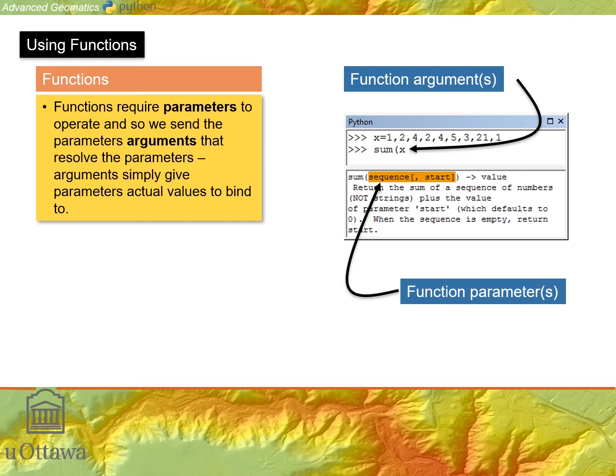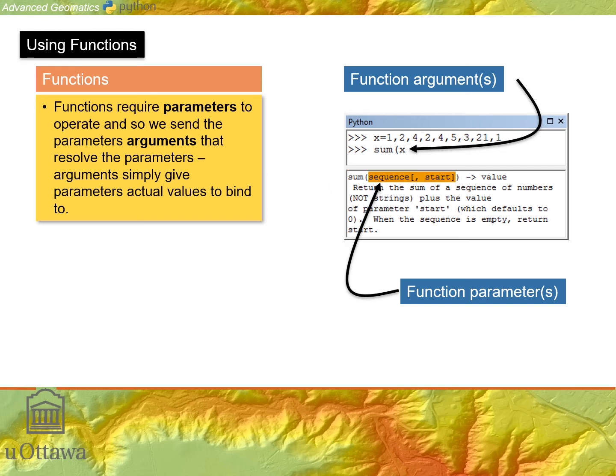So here is the syntax for the function sum. Sum takes in a sequence, any sequence or iterable that contains numbers, obviously. If it was text, we can't say what's the sum of the text, because it doesn't make sense. So it must be a sequence of numbers or an iterable of numbers.